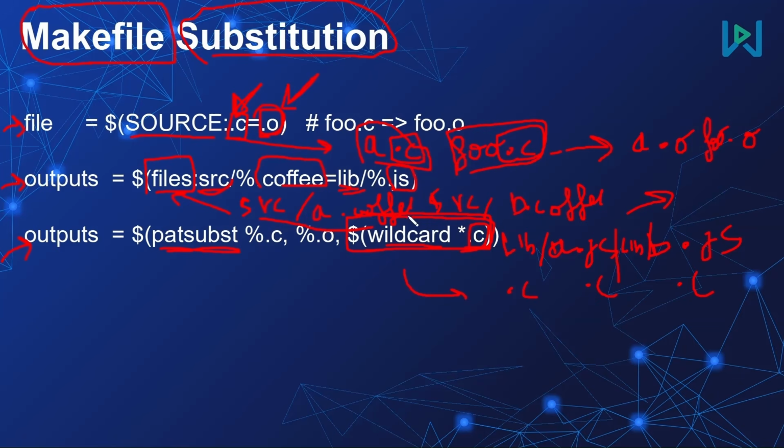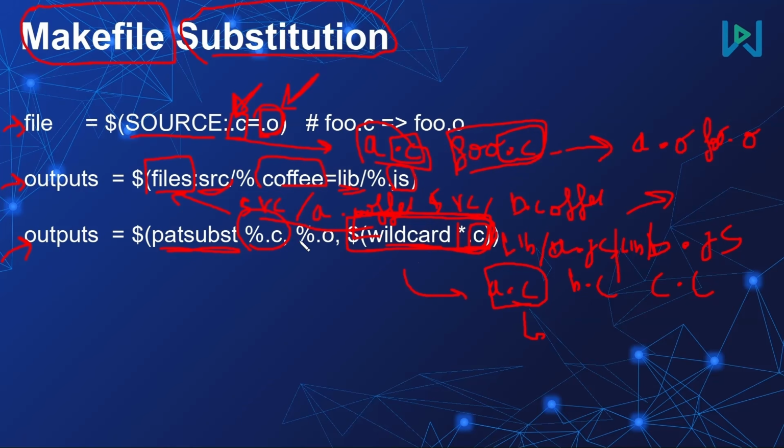And of course, we can specify the path that this wildcard must expand into this list of sources. Then it will try to catch the files that have this suffix .c, and then it will keep the same name of the files.